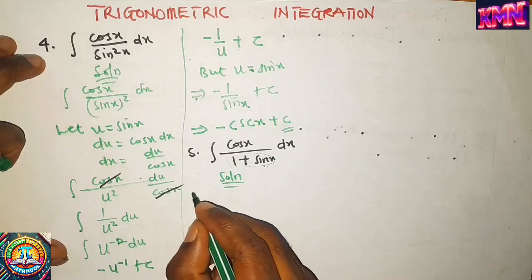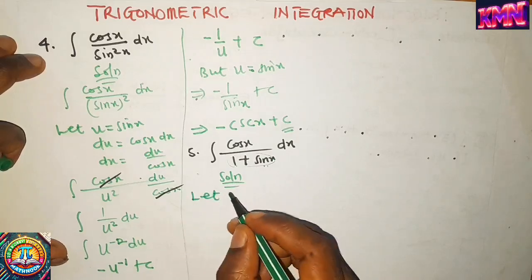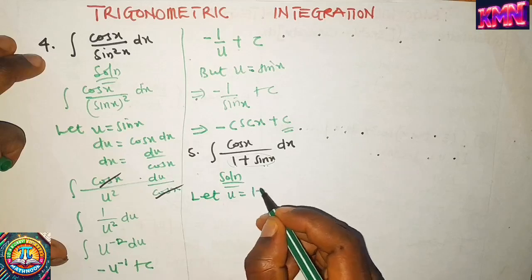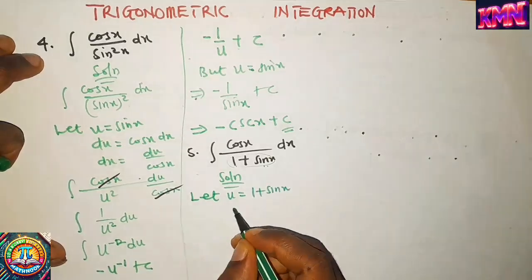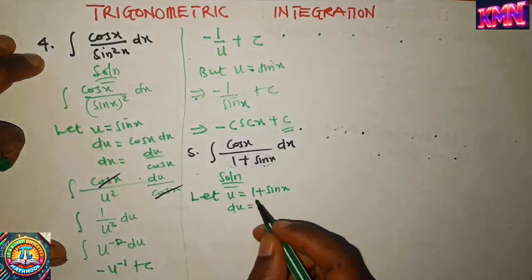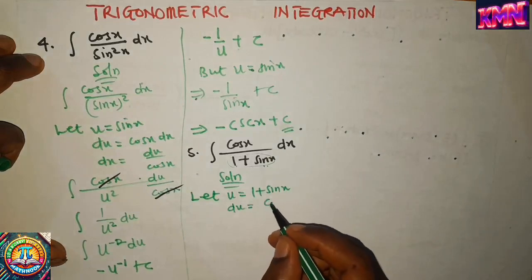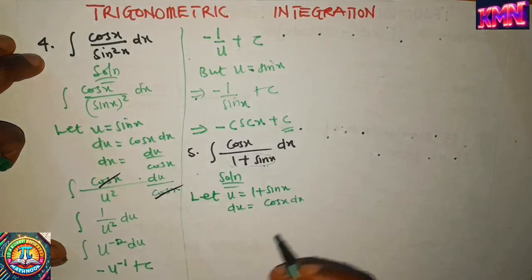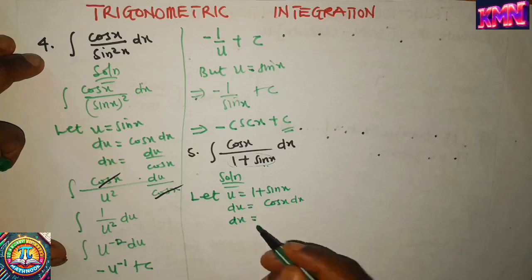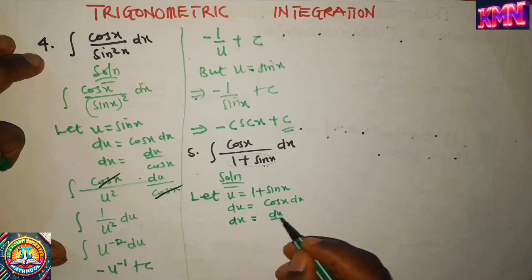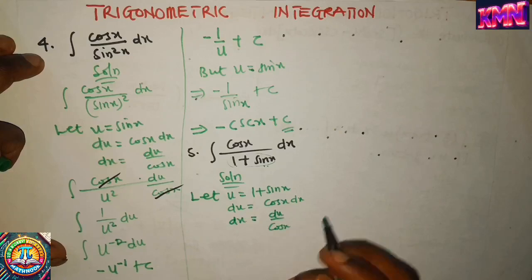So let's do that. So say let u equals 1 plus sine x, and now du is going to be, the 1 goes to 0, this becomes cosine of x dx. dx equals du on cosine of x.